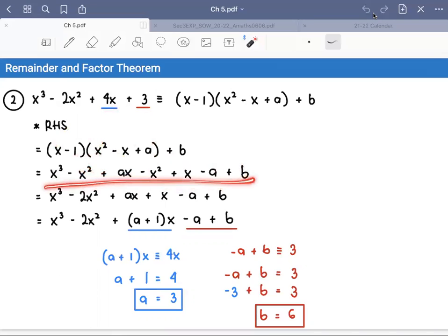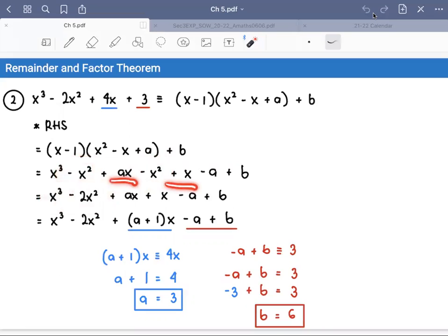Now, after this, you need to combine like terms. Since x cubed doesn't have any pair, we bring down x cubed, and then we simplify negative x squared and another negative x squared. That's how we got this negative 2x squared, right? And then let's combine the x terms. So ax and then x. But we cannot combine this, right?